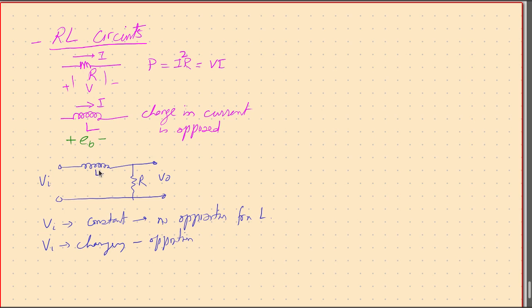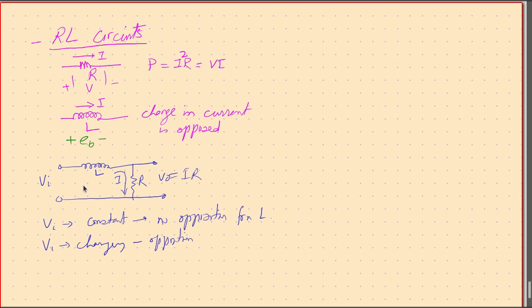For lower frequencies, the inductor does not resist the flow of current, and hence the current will flow through, and this current will create a voltage across the resistor, and this you will get at the output.